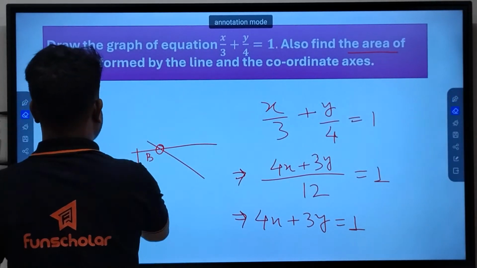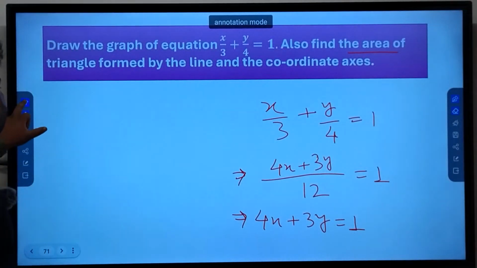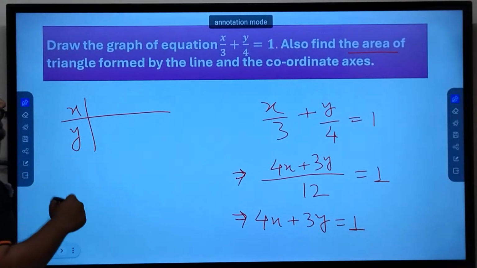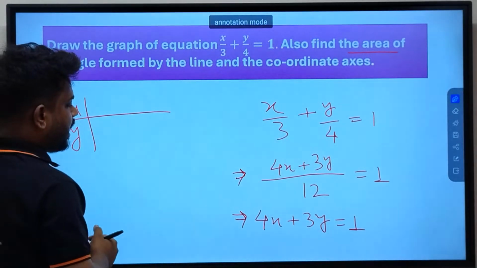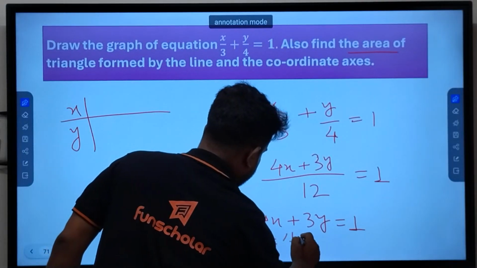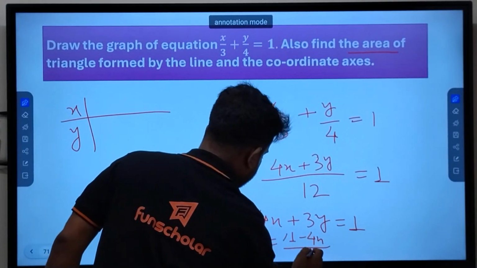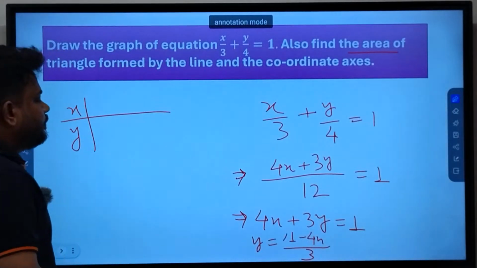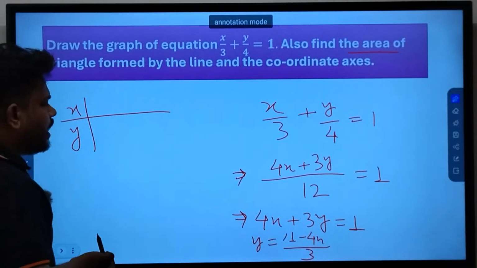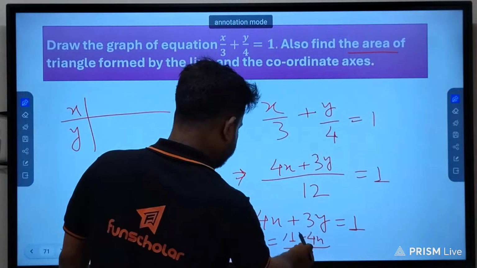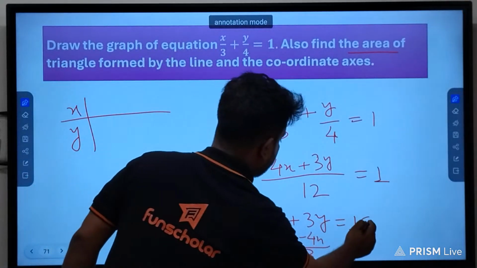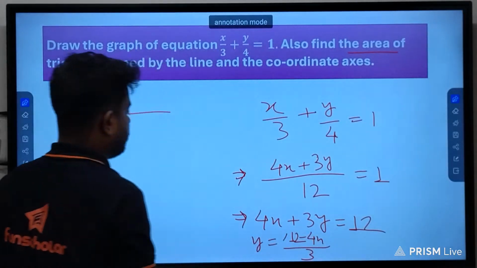Now you can find the values of x and y by putting numbers here. For this one, it will be (1 minus 4x) by 3. And if you put 0 in it, no, not 0, oh sorry, it will be 12. That's why we are getting a mistake.